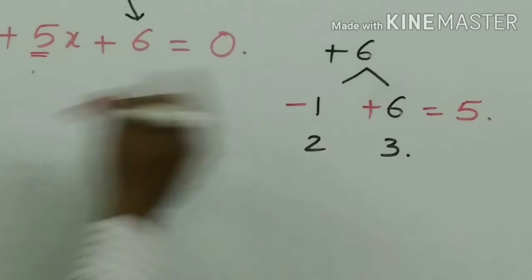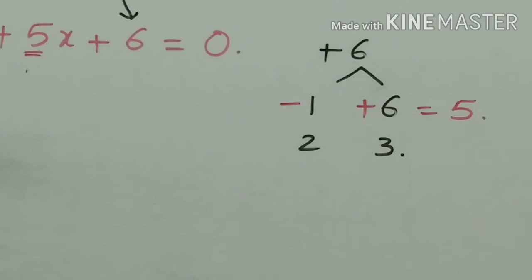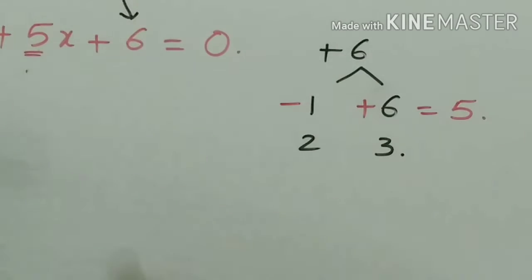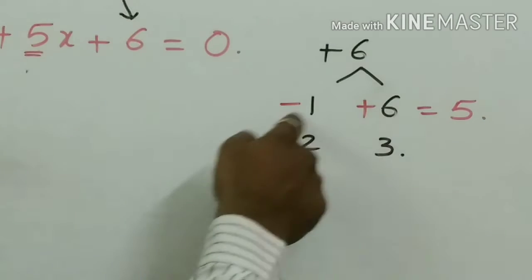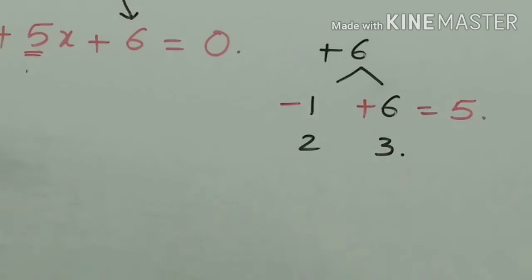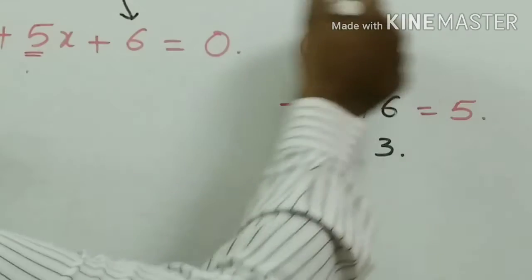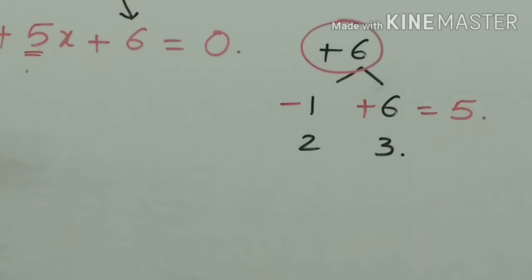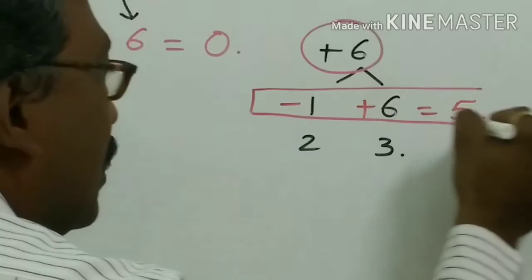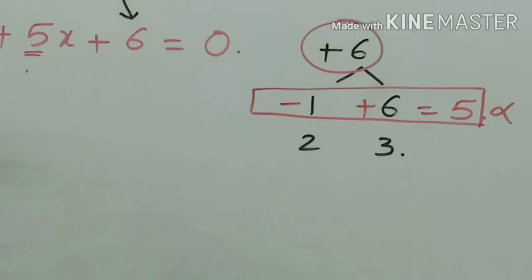I am getting this plus 5 by addition, and this one, minus 1 plus 6, I am getting 5. Multiply these two together: plus into minus, minus 1 sixes are 6. Is it minus 6? No, it is plus 6. So this way is not possible.